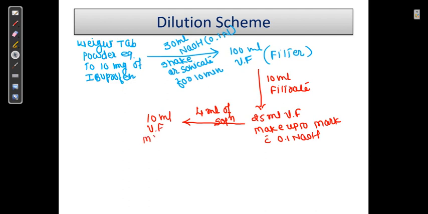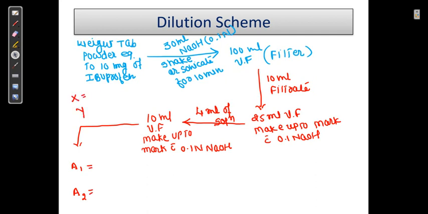Make up to the mark with 0.1 normal NaOH. Okay. Now what is the data we have? You need to take the absorbance. One is A1, another is A2. So what is A1? What are X and Y? Here X is ibuprofen and Y is paracetamol.